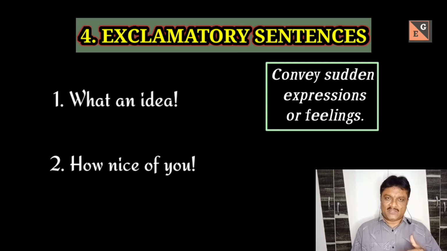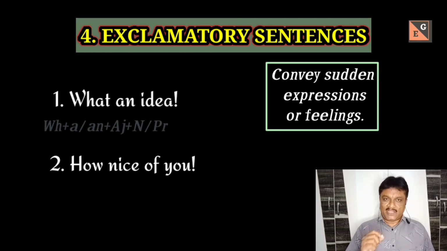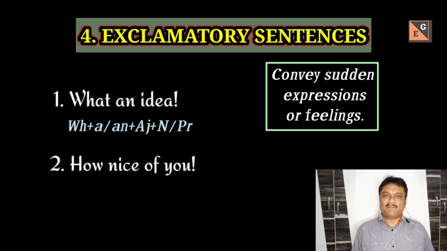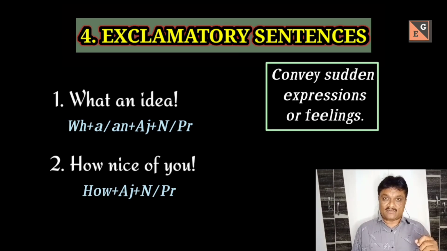The structure of this sentence is WH word plus a or an plus adjective plus noun or pronoun. And the second structure is how plus adjective plus noun or pronoun.